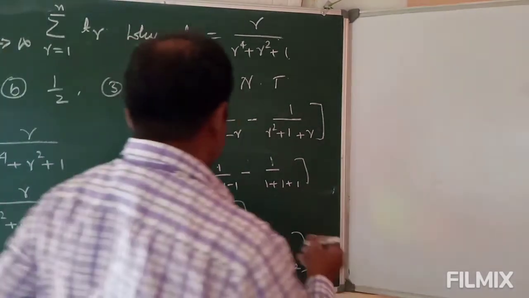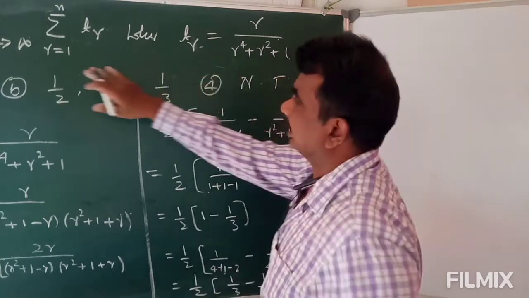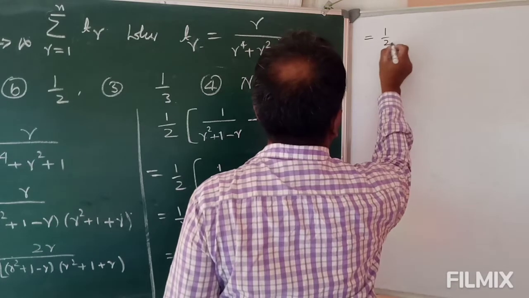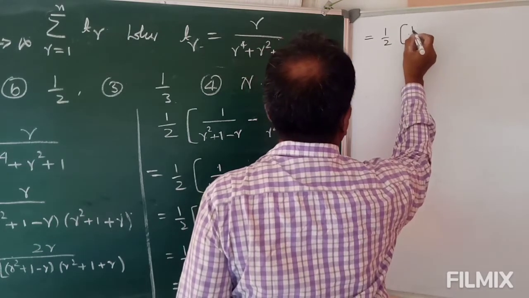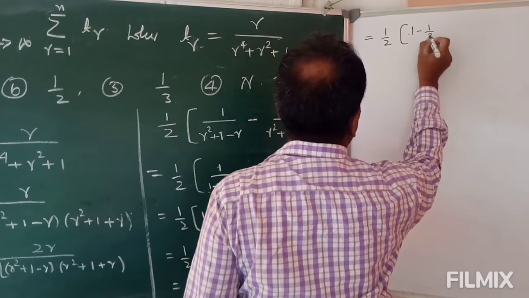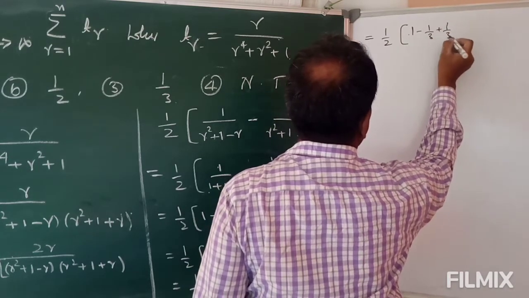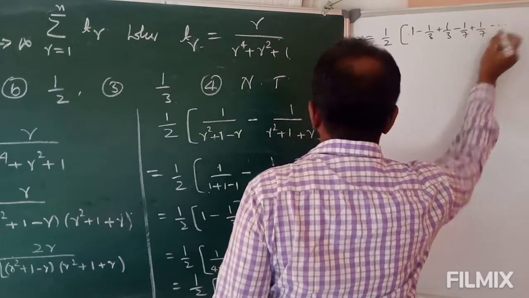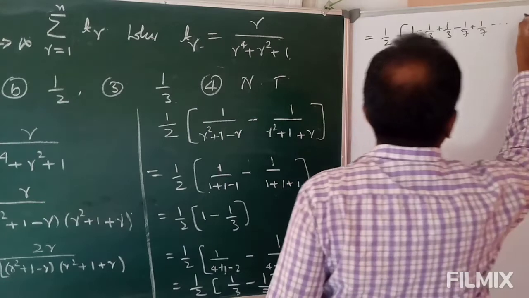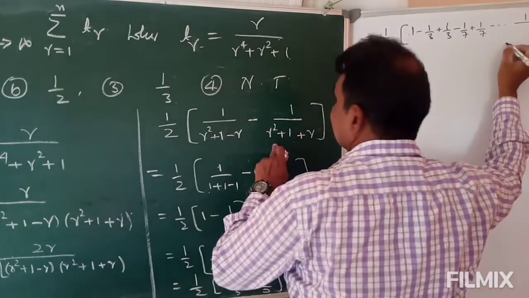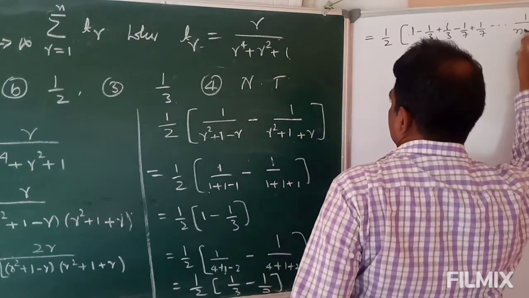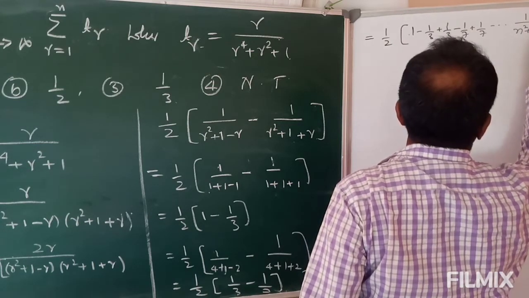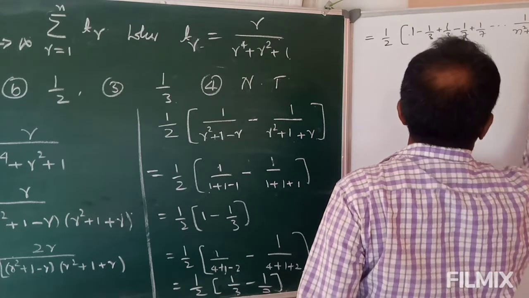Then see, this will become, if we put r is equal to 1 up to n, what happens? 1 by 2 into 1 minus 1 by 3 plus 1 by 3 minus 1 by 7 plus 1 by 7 up to so on, remaining this one 1 by n square plus 1 plus n, okay.